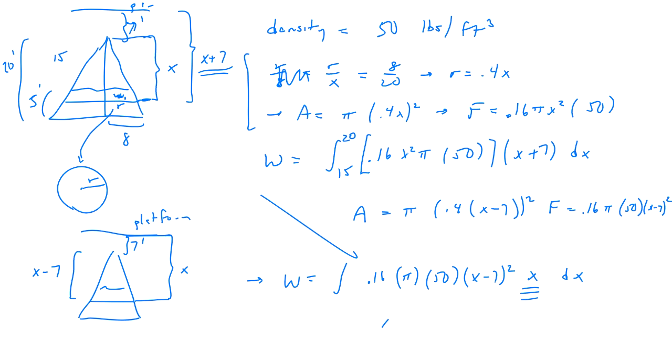And what would be the limits for x now? So now x is, I am moving the pipe down, and the question is, when do I first hit water? And that is 22 feet down, and then 27.